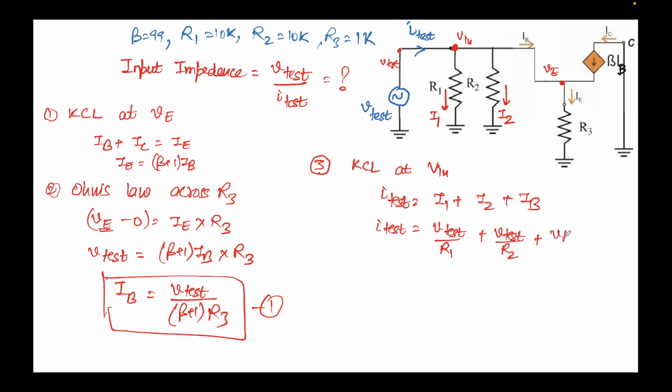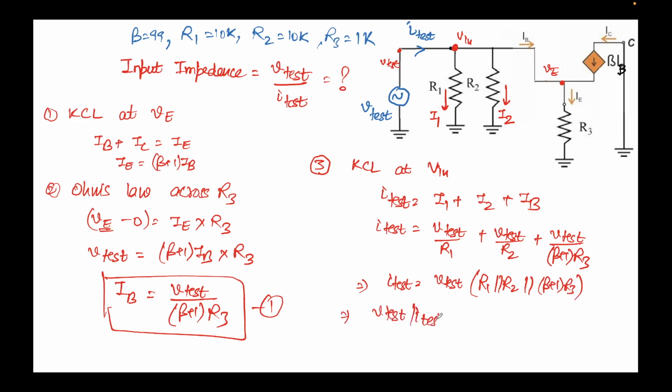So that will be V test over beta plus 1 times R3, and from this I can get I test is equal to V test over R1 parallel R2 parallel beta plus 1 times R3. Sorry, this was V test over this.